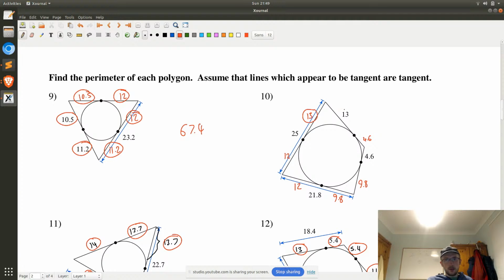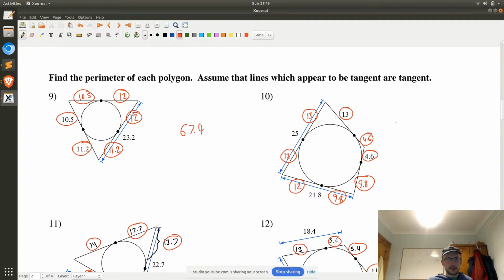And now we circle 8 quantities which occur in 4 natural pairs. And we must find the sum of the pairs.